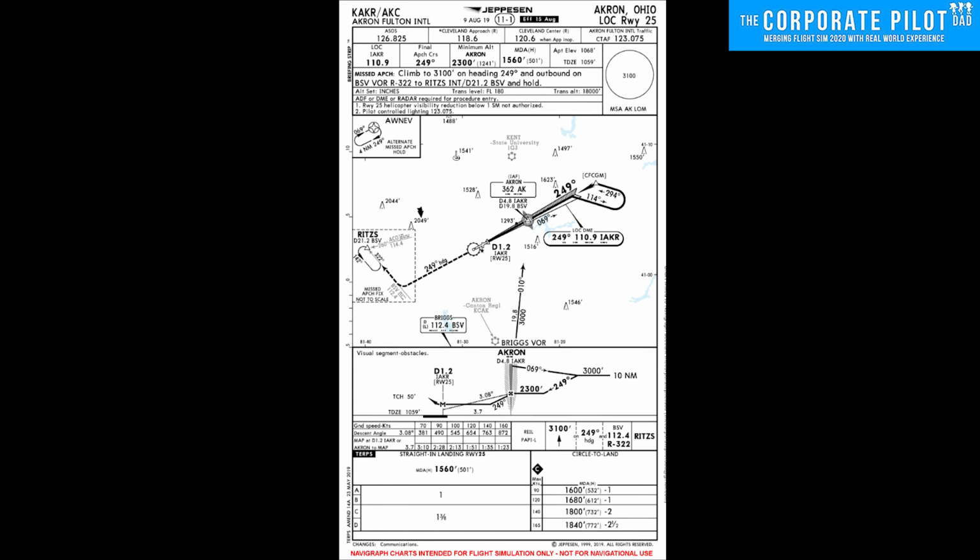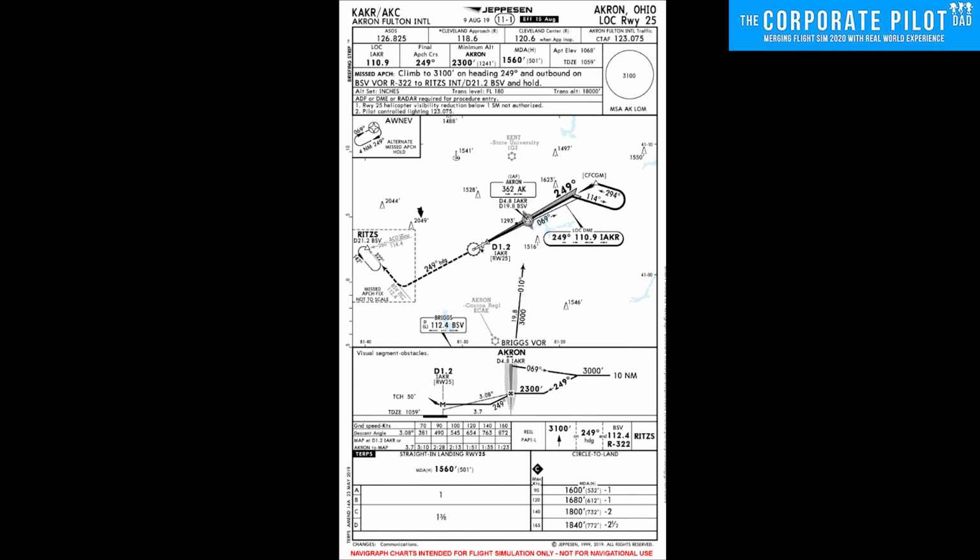We can see that we're flying a 249 degree heading until we hit the 322 degree radial off of Briggs VOR. Once we hit that, we're going to follow it until the DME says 21.2. And some people are probably asking, if we just said we're going to identify the missed approach point by time because we don't have DME, how are we going to identify that 21.2 DME distance at Ritz intersection?